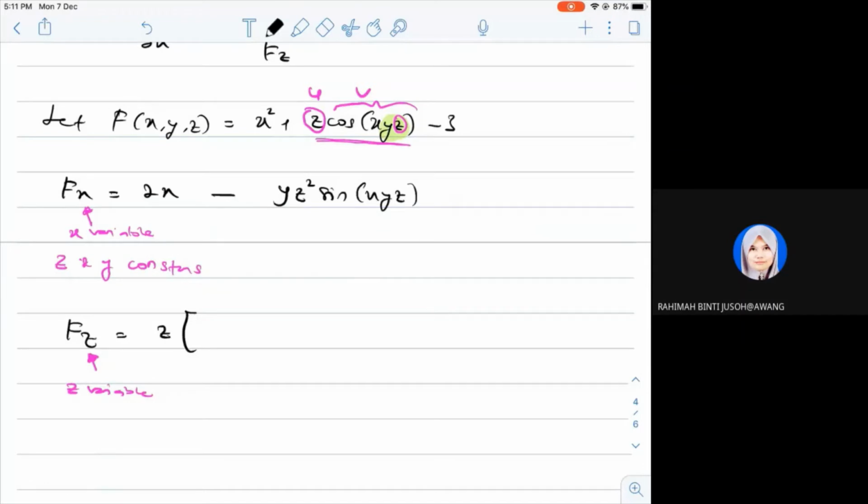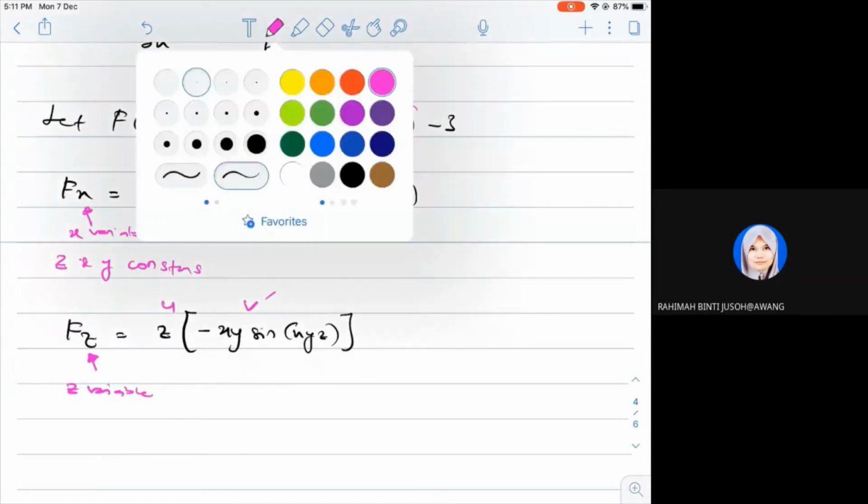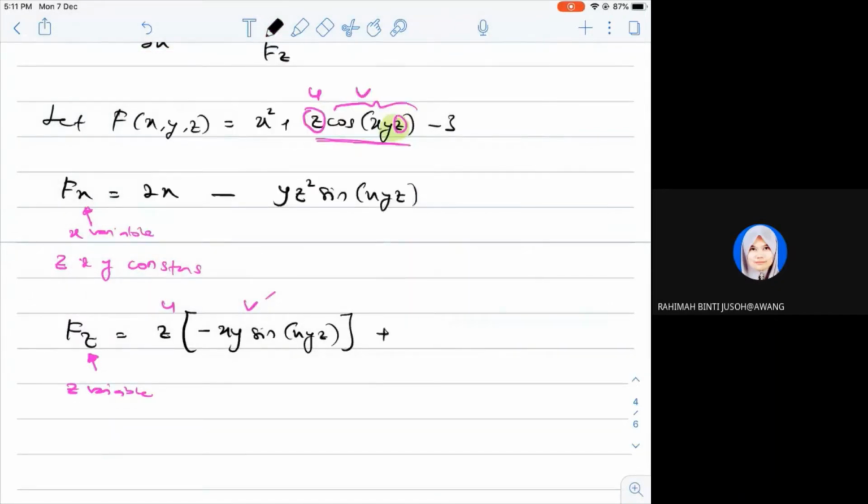Differentiate cos xyz with respect to z. We will have negative, what's the constant? Xy. Yes, xy. So xy sine xyz. Okay, close. This is uv prime. Okay, so plus vu prime. V is cos xyz.